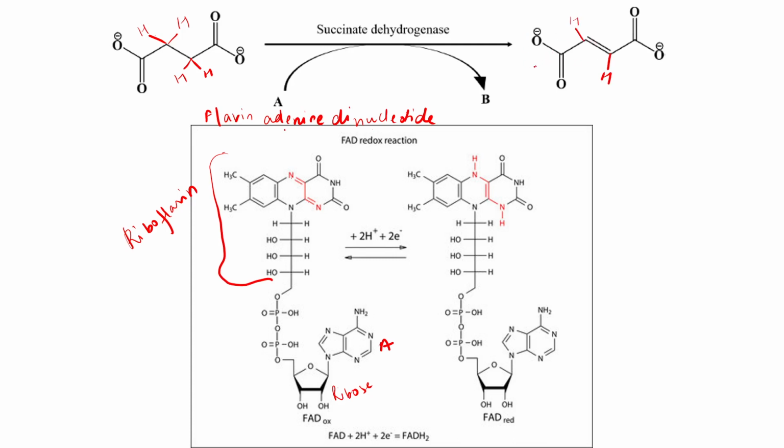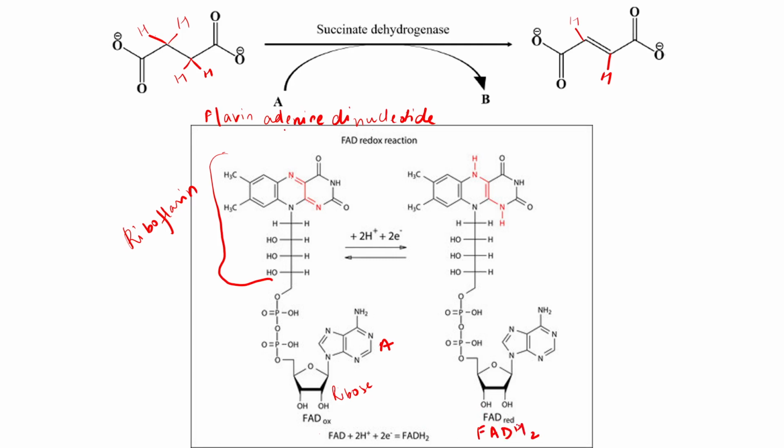So who will take the two hydrogens? This FAD molecule will take. These two nitrogens can attach two hydrogens, so they become FADH2. So basically a reduction reaction is happening here. FAD is the oxidized form, it is reduced to FADH2.